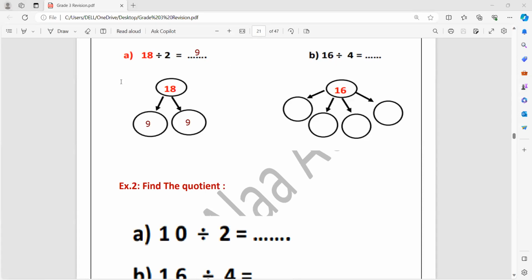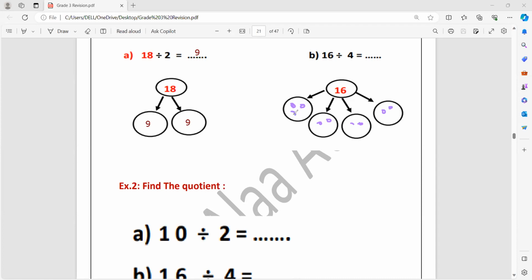What about 16 divided by 4? I want to distribute the 16 among 4. So let's start to distribute them here. 1, 2, 3, and 4. Complete until we reach 16. 5, 6, 7, and 8.